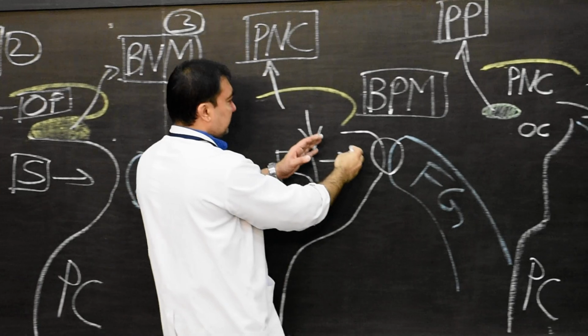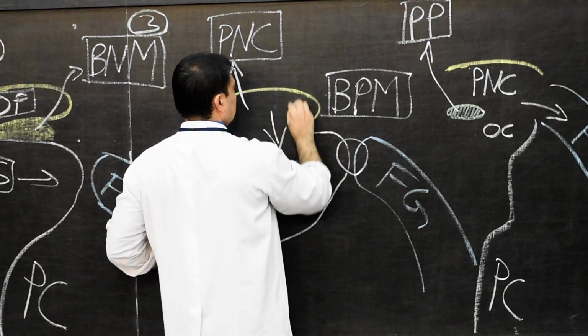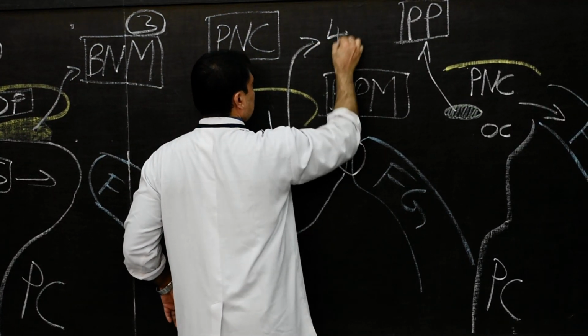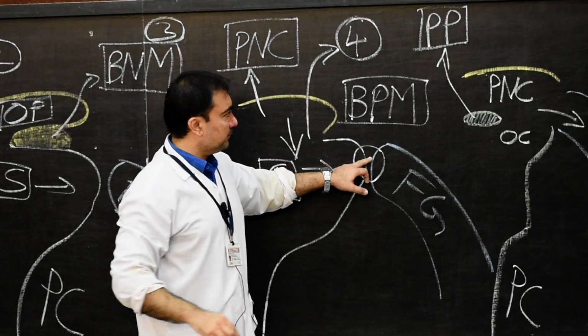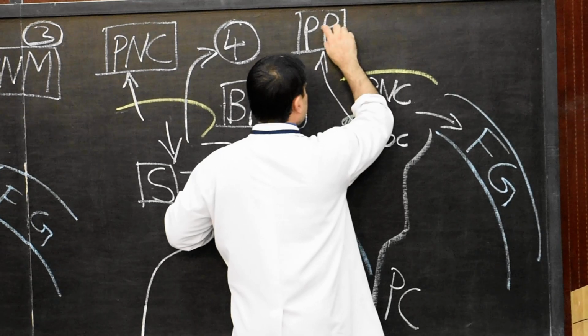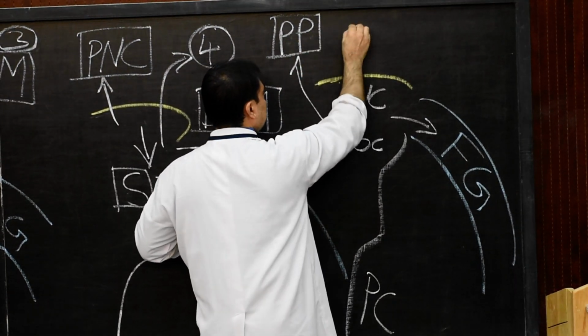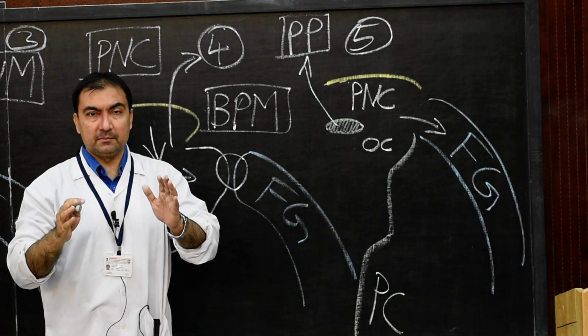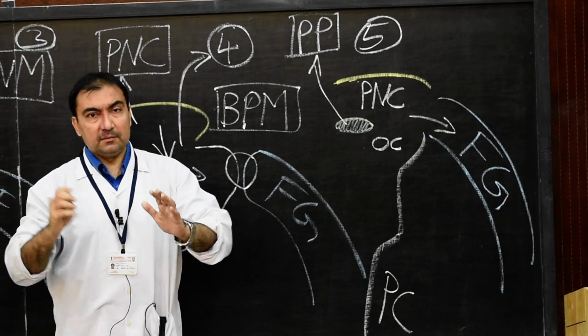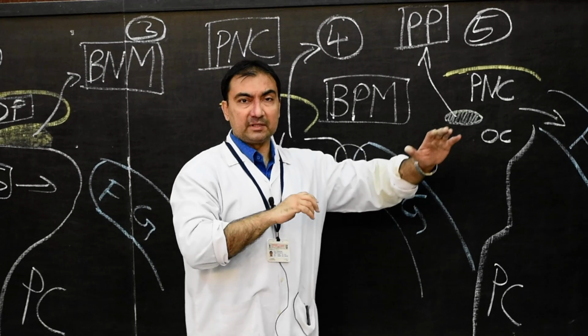Rupture of the bucconasal membrane and buccopharyngeal membrane will be our fourth step, and development of the primitive palate will be our fifth step. Should be very clear. Please mark these stages, this way it goes around.